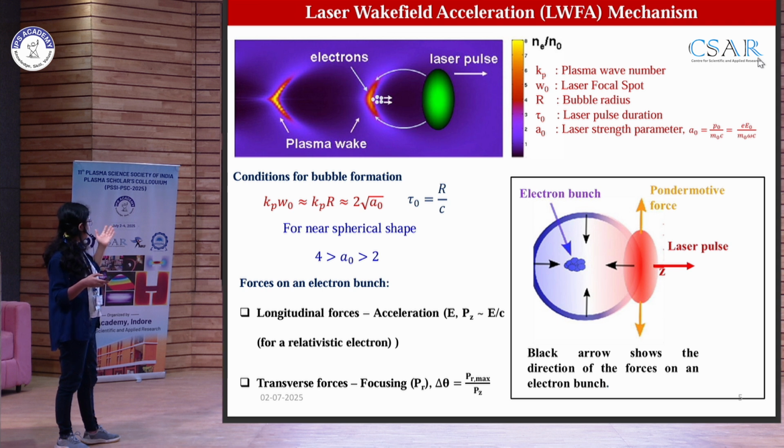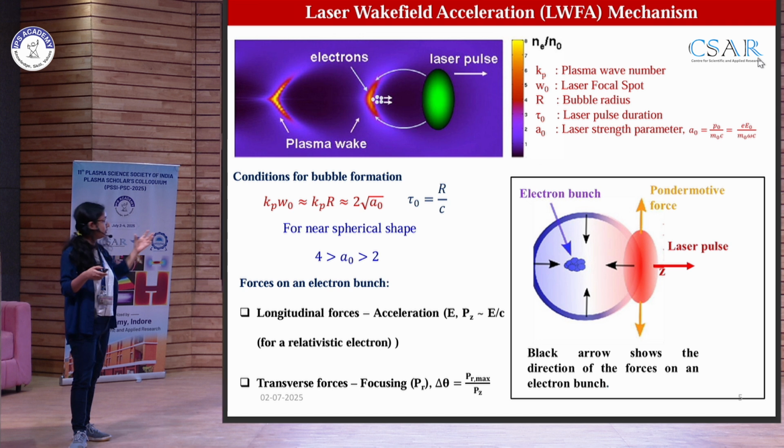To create a near spherical bubble, a0 should be between 2 to 4, and this condition should be matched, where kp is the plasma wave number, omega naught is the laser focal spot, R is the bubble radius, and tau is the laser pulse duration. Now, if I take one bubble, there can be two types of forces working on the electron.